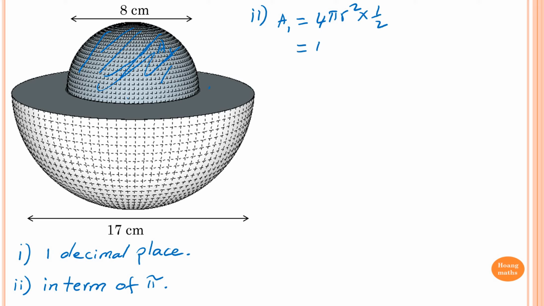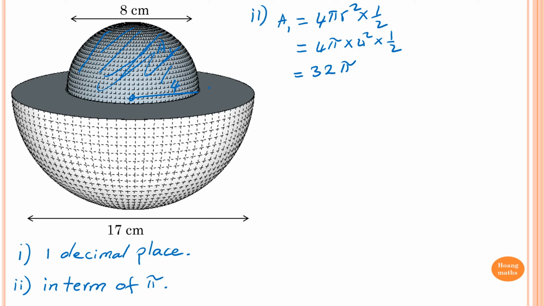So 4 pi times the radius, from here to here, which is 4 because 8 centimeters is the diameter. So 4 squared times a half. So 4 times 4 squared times a half. 4 squared is 16. Half of 16 is 8. 8 times 4 is 32. So 32 pi.